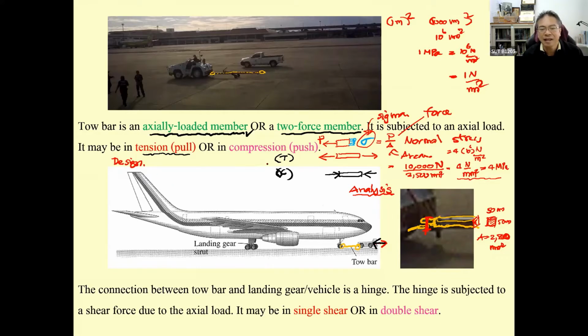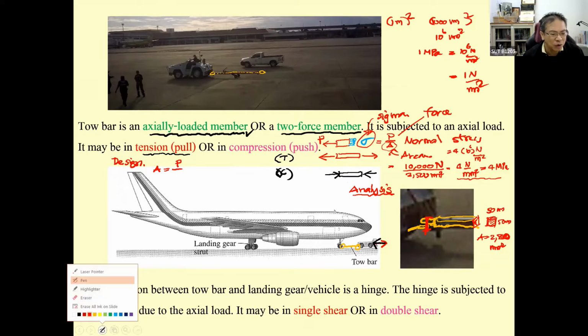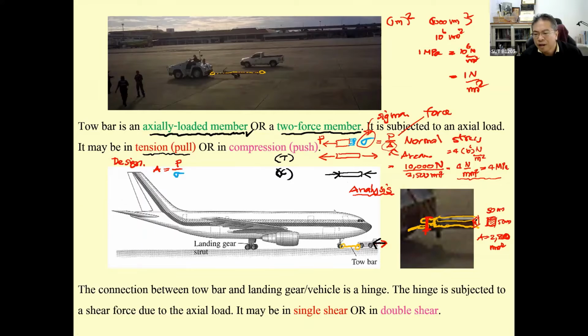In the design, we are going to determine the area. So in the design, we just change the form of this equation to this one in order to determine the size, the dimension of this tow bar.